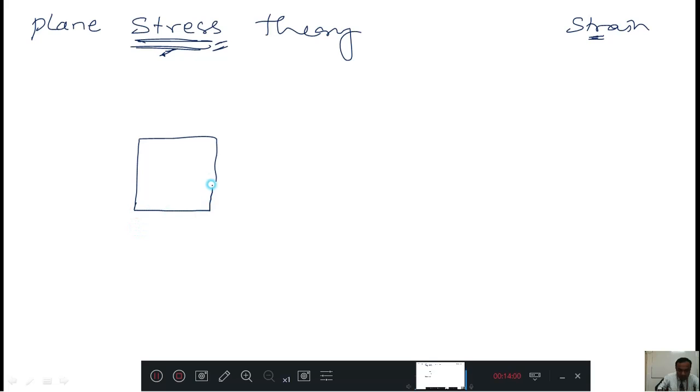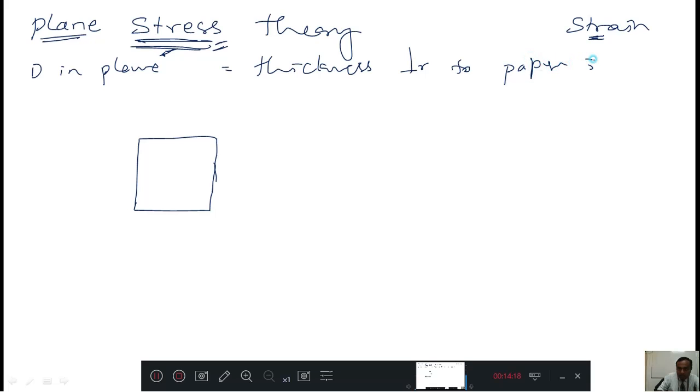The first assumption is that the body is in a plane, which means the thickness perpendicular to the paper or board is unit thickness.